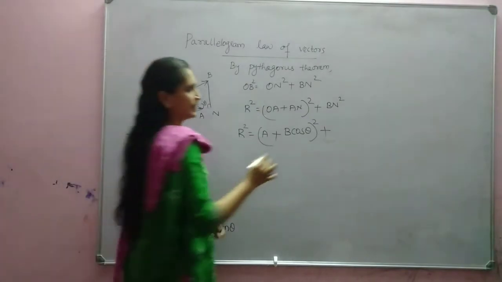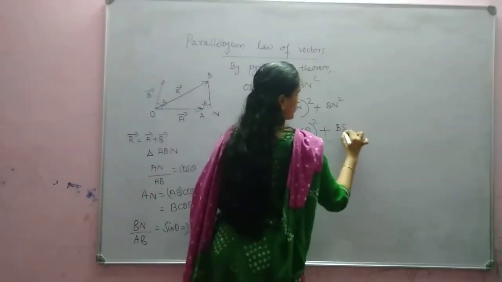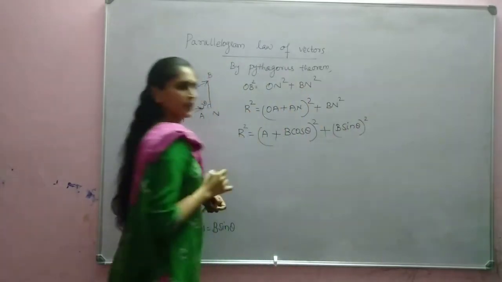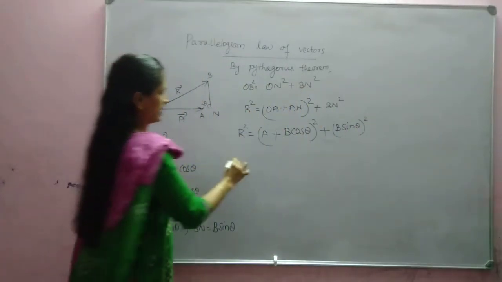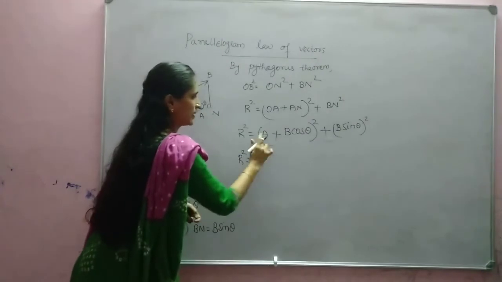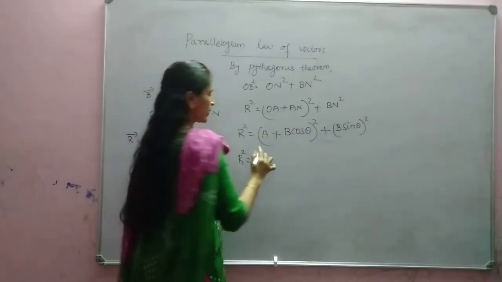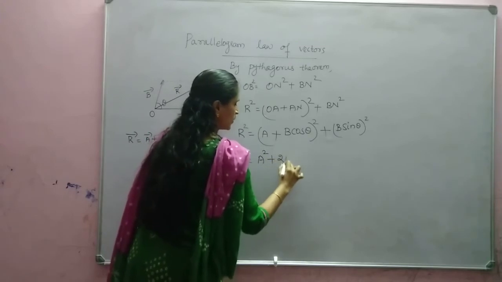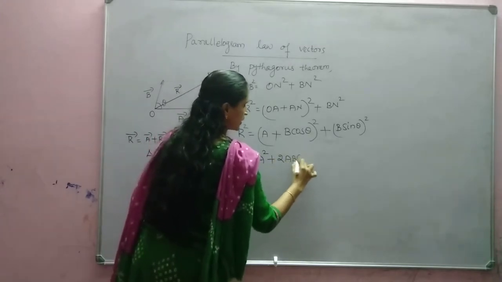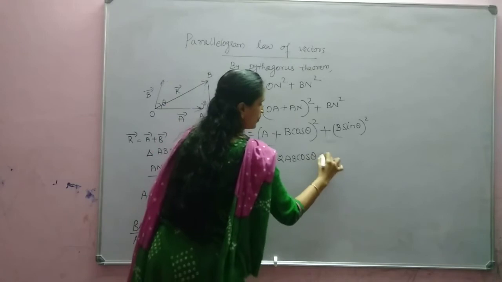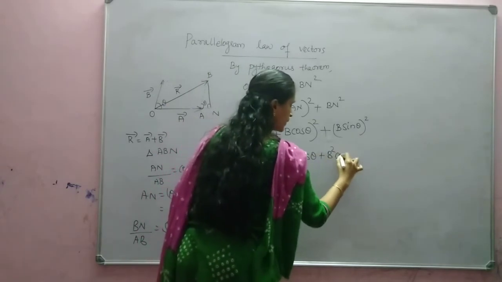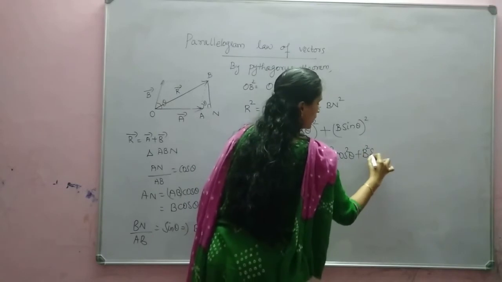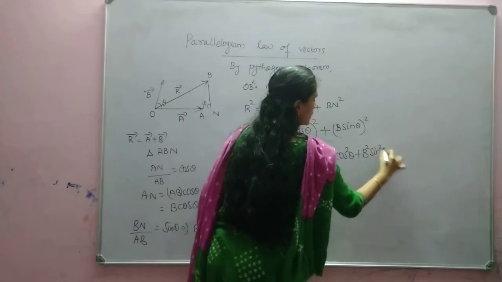B sin theta. And you can expand this (A plus B cos theta) whole square. What you will get? A square plus 2AB cos theta plus B square cos square theta plus B square sin square theta.